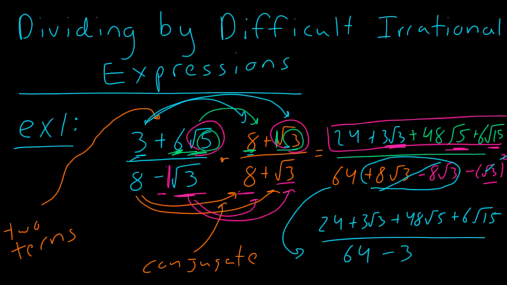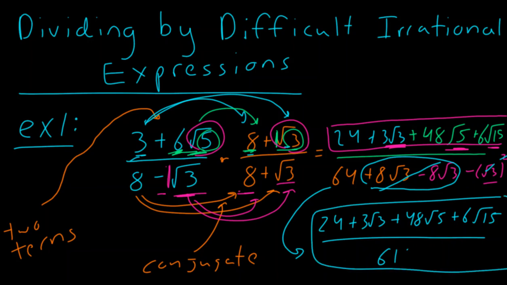Now, I'm going to go ahead and simplify this by just erasing, but ask yourself, what is 64 minus 3? Well, of course, that's going to be 61. Now, I would then ask myself, can I reduce 61, 24, 48, 6, and 3? But 61 is a prime number, and so since 61 is a prime number, it's really nice. It tells us that it cannot be reduced.